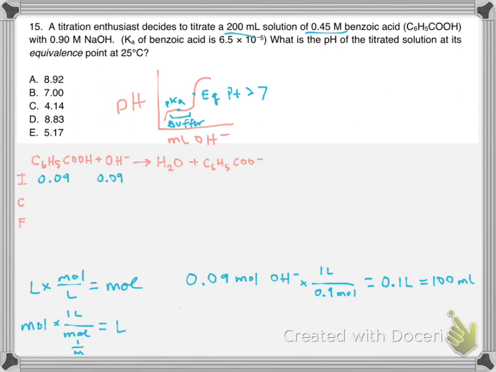Meaning that I added 0.1 liters of the hydroxide to reach the equivalence point, which is 100 mils. So I'm going to go mark up at the top here that my total volume is equal to 300 mils.